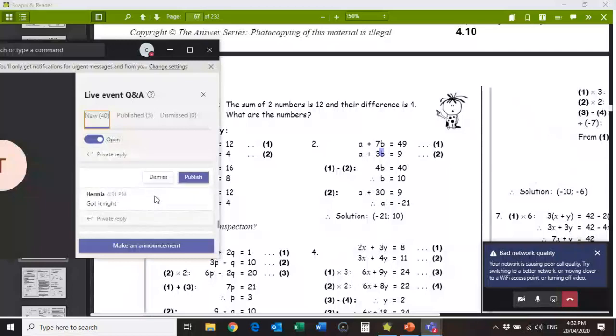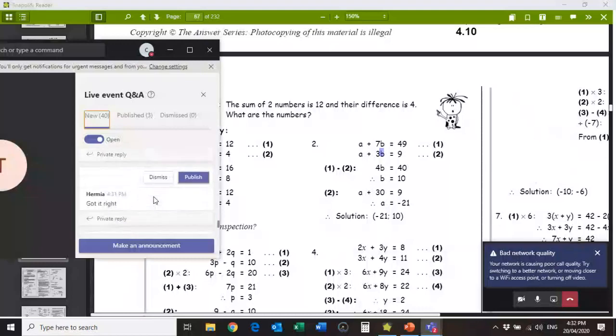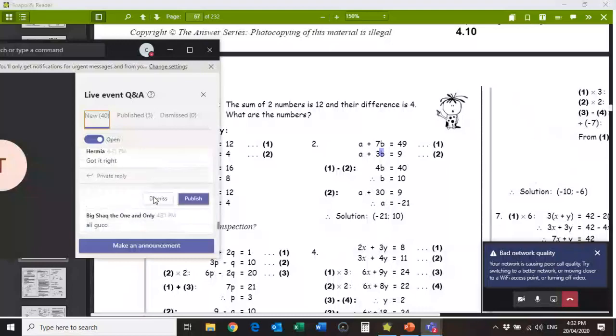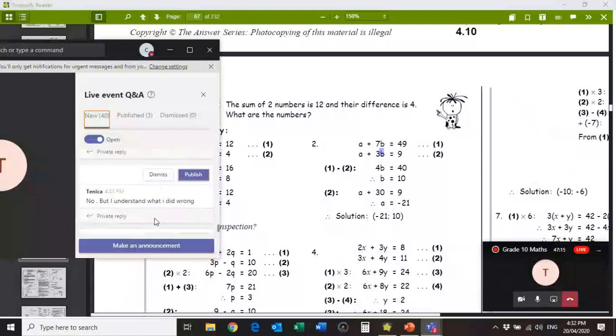Kamo, did that help if I explained it again? Jeremiah, I'm glad you got it. Tanika, wait, you don't understand what you did wrong? So what did you not get right?